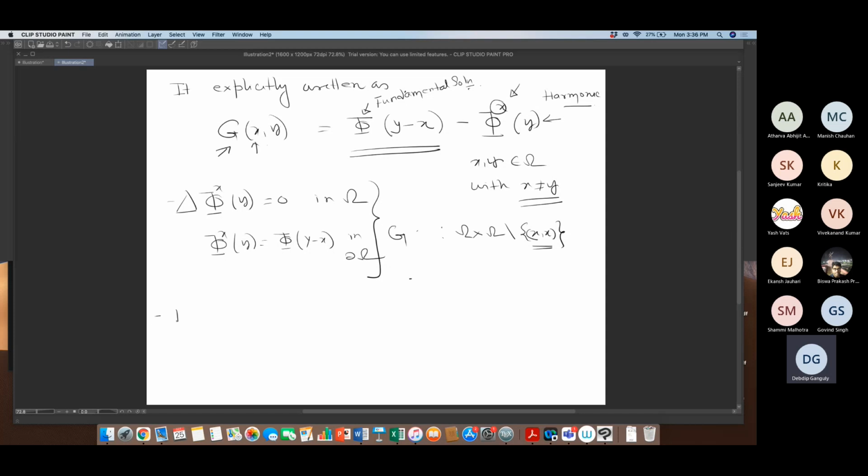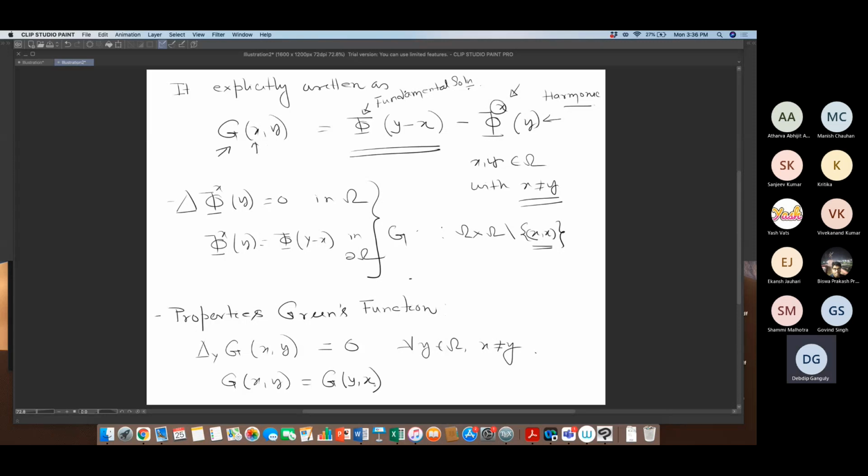Then we did some properties of Green's function. Can you just recall some of them? Laplacian in y of G of x,y is 0 for all y in omega with x not equal to y, and G of x,y is equal to G of y,x.